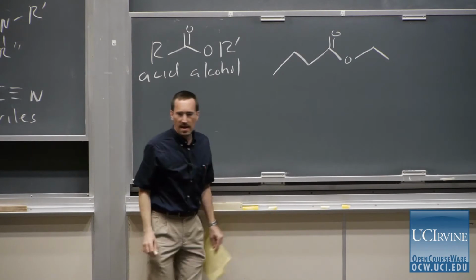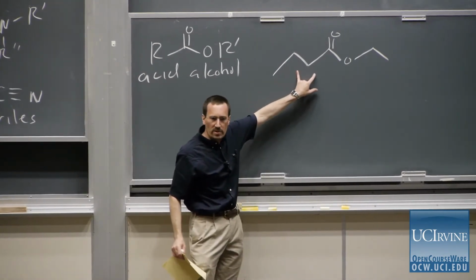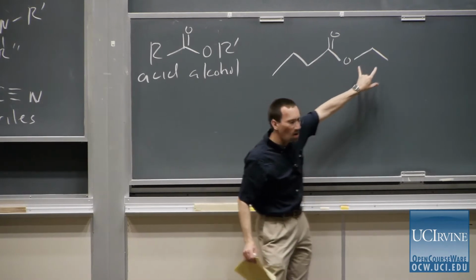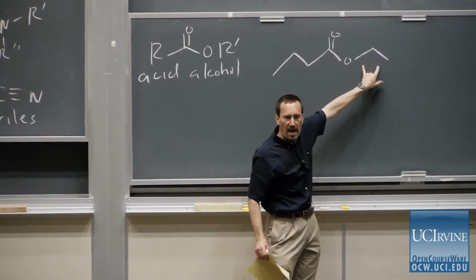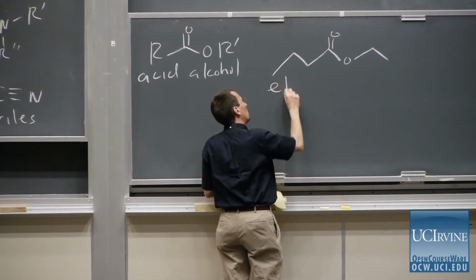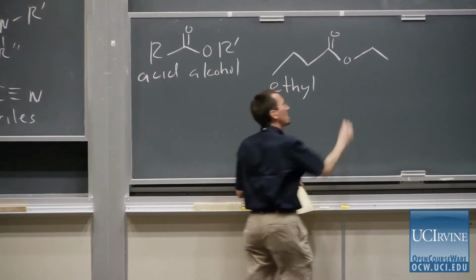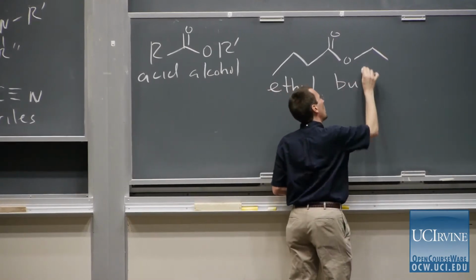And so this ester has an acid component from butanoic acid and an alcohol component from ethyl alcohol or ethanol. So we call this ethyl. Esters get a first name and a last name. We call this ethyl butanoate.